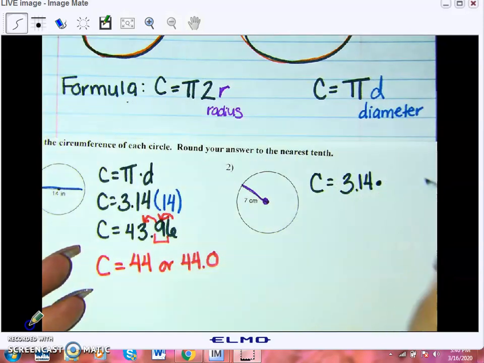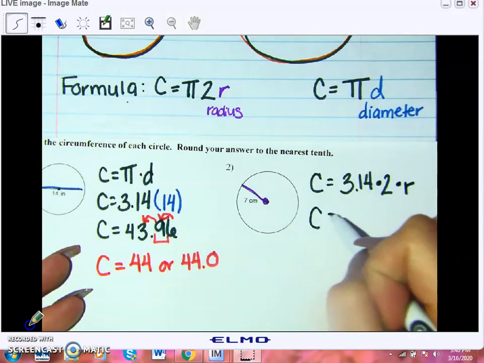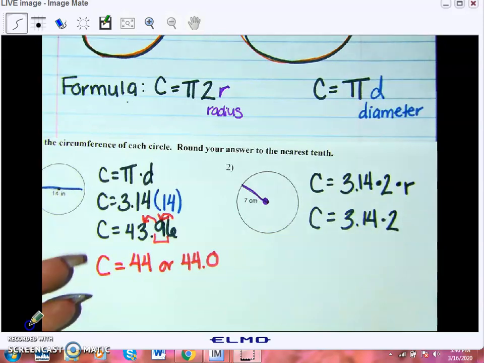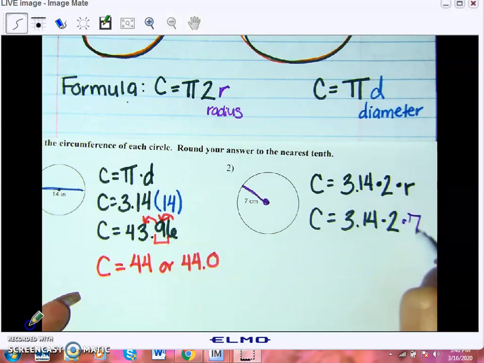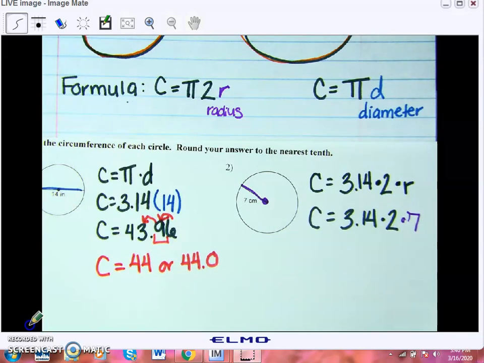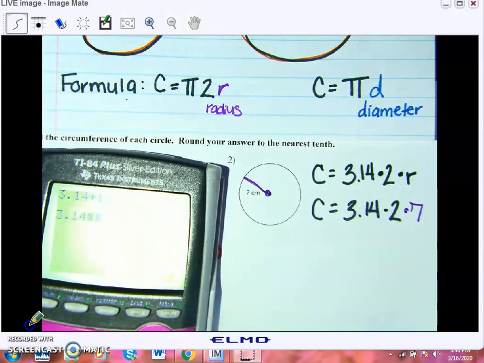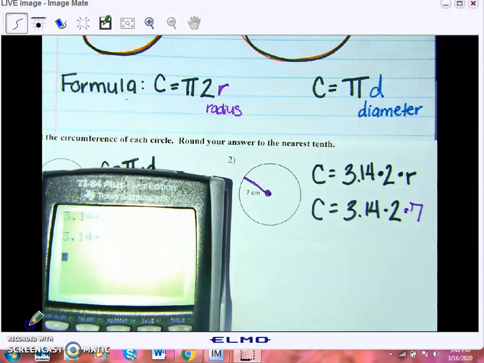I'm going to use a dot for times so we don't get that confused with an x, times 2 times the radius. So circumference equals 3.14 times 2, and the radius in this particular problem was listed and given to us as 7. So as I plug it into the calculator, 3.14 times 2 times 7 is 43.96.